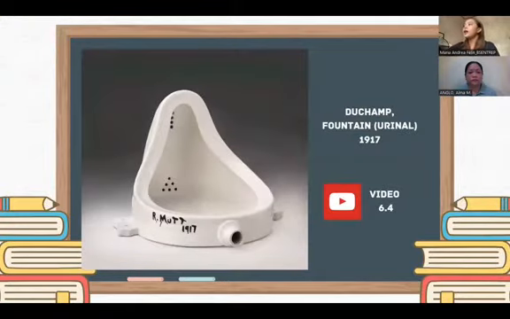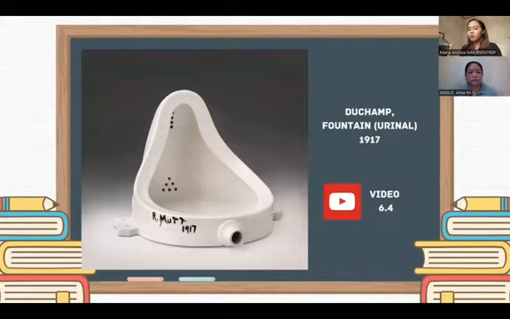So there are some samples of extraordinary art, just like the example of Duchamp's Fountain or the urinal. I have a very short explanation about this one. Duchamp's Fountain tested beliefs about art and the role of taste in the art world.